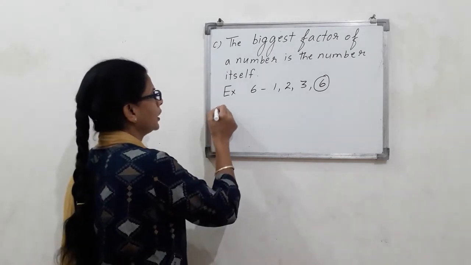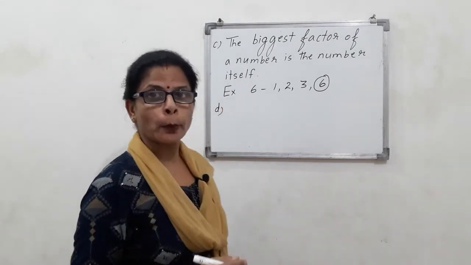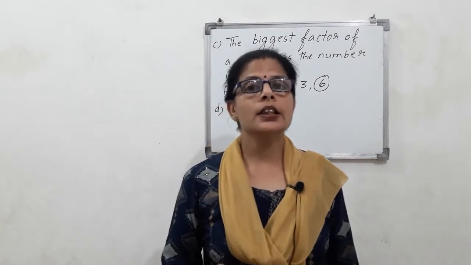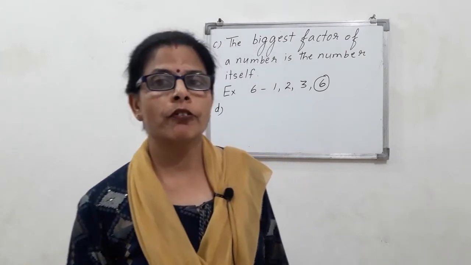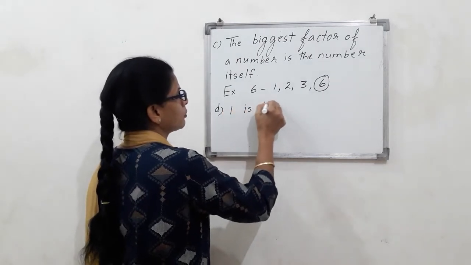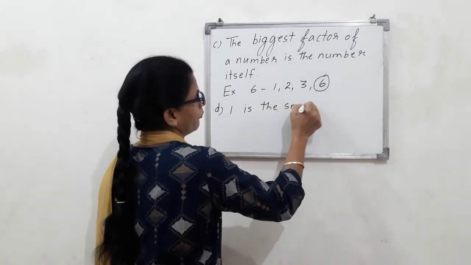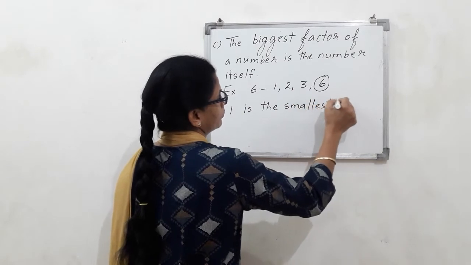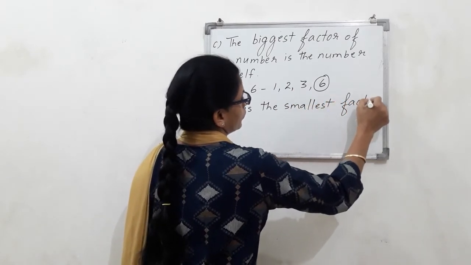Next, fourth property. 1 is the smallest factor of every number.